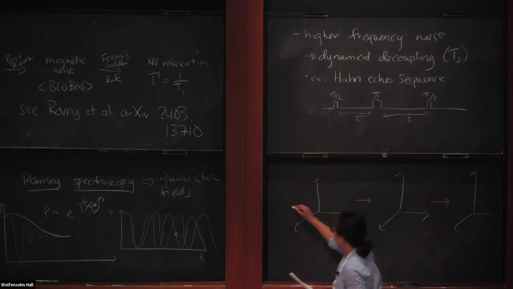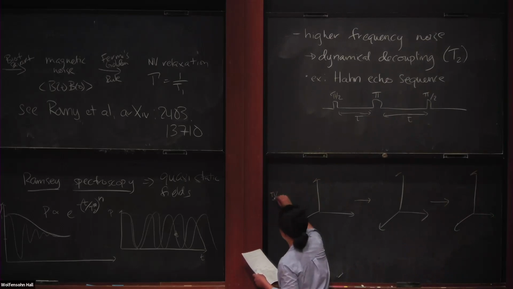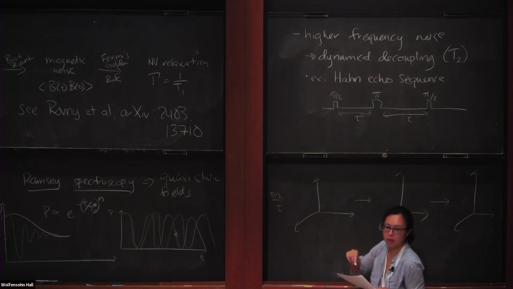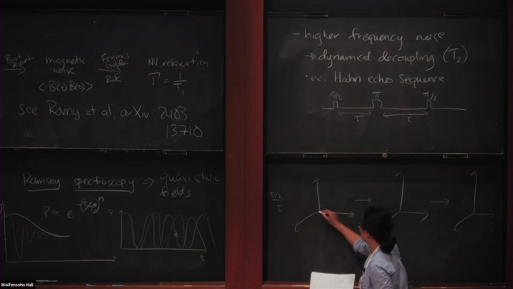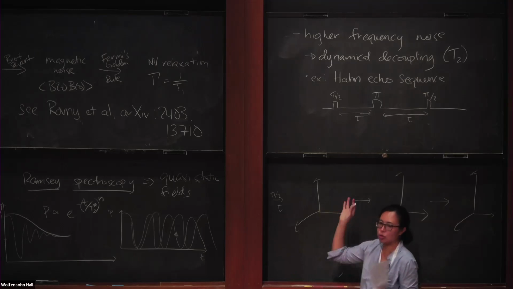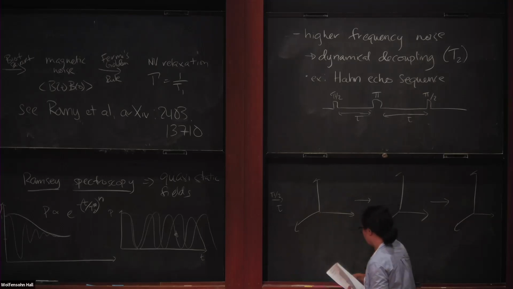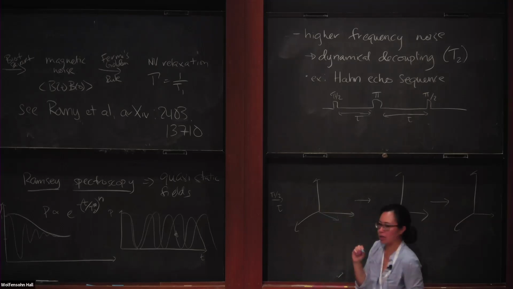Okay, so after my first pi over 2 pulse and my first evolution time, let's imagine I had 2 instances of this experiment where in one of them, my state vector ended up here, and in the other one, my state vector ended up here.